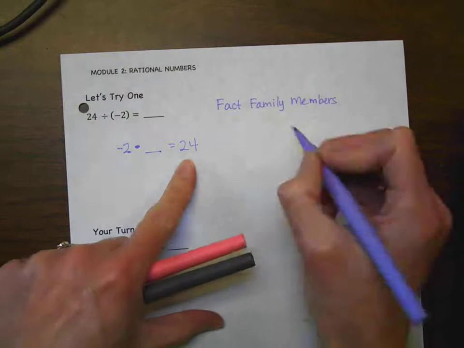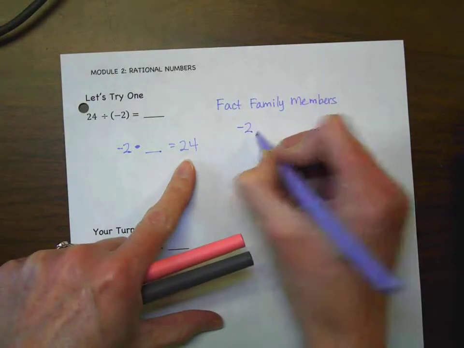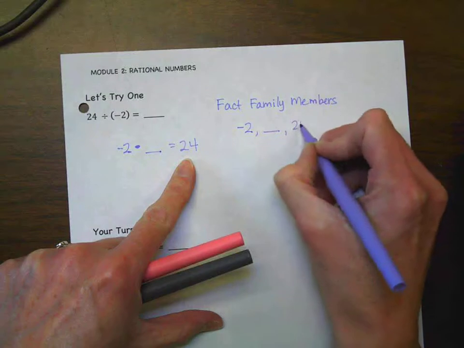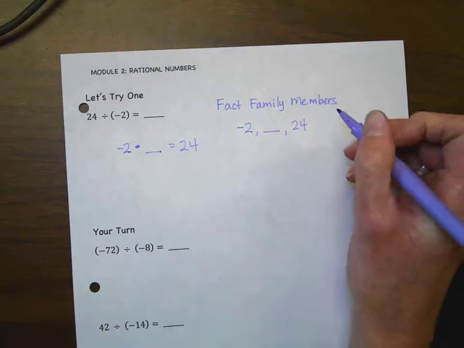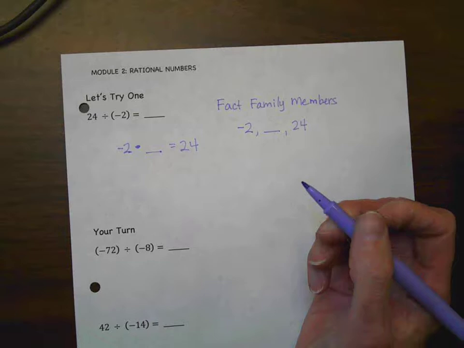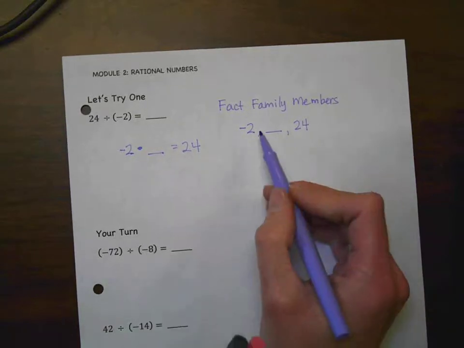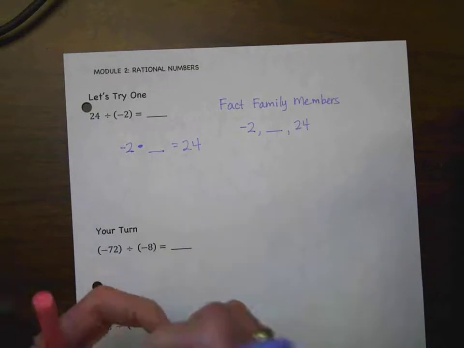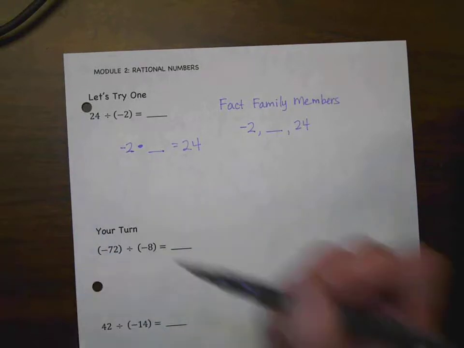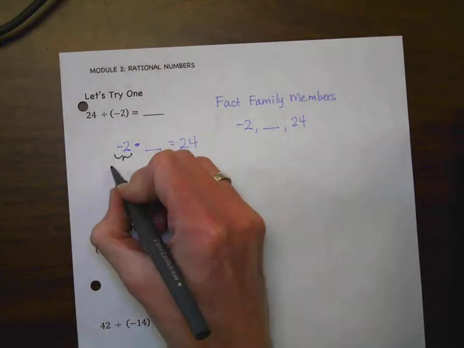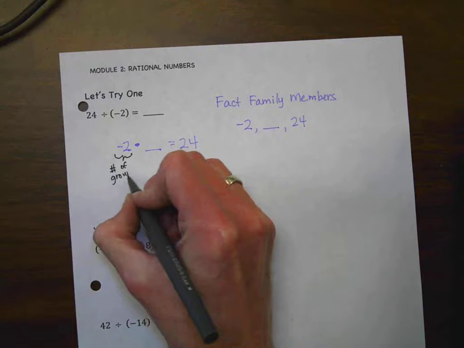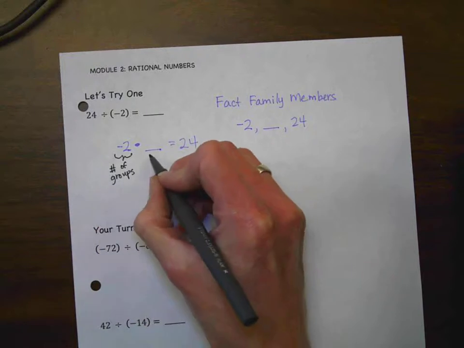Well, we do know our math facts, and so our fact family members is we have a -2, we have something that we've got to figure out, and we have a positive 24. And so what we can determine from this is we're missing a number times 2 that gives me 24. And then we remember that when you have negative groups, right, because again, this is the number of groups, so don't get confused about that, number of groups, right?